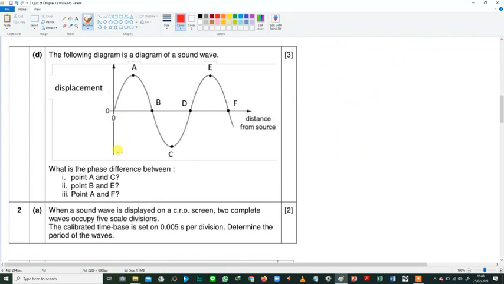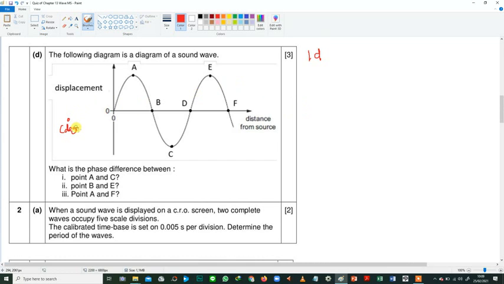Oh, we have D in here. So let's see 1D. The following diagram is the diagram of the sound wave. And then what is the phase difference? Okay, phase difference, make sure it's in degree.